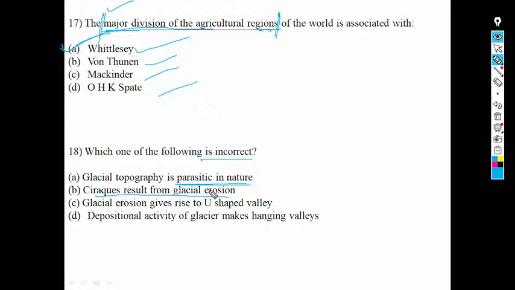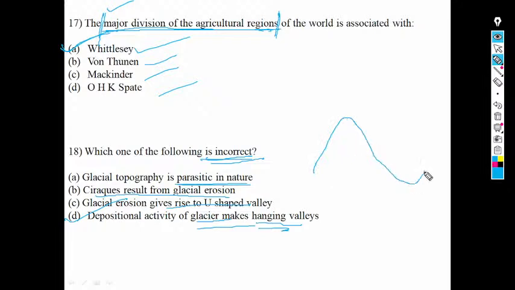Glacial erosion gives off U-shaped valley. Deposition activity of glacier makes hanging valley. Here the last one is not correct. The answer is deposition activity by the glaciers makes hanging valleys.